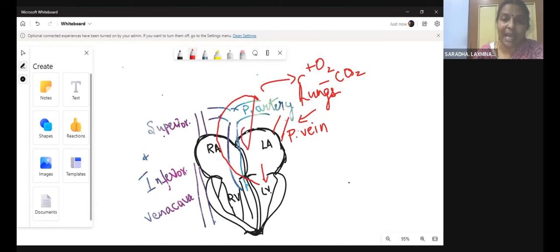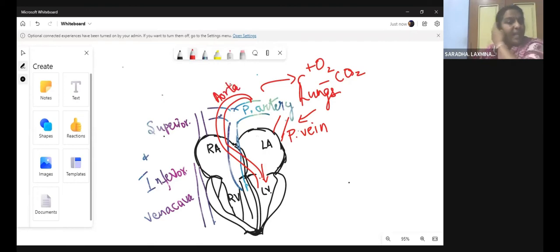We call that the aorta. This aorta is the blood vessel that carries the blood to all parts of our body, and it arises from the left ventricle. So this is what is needed.